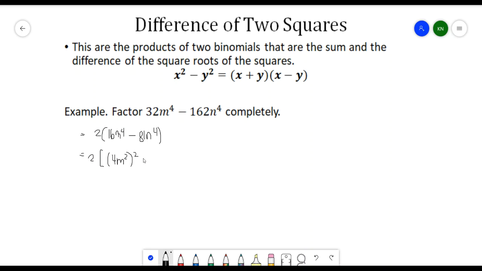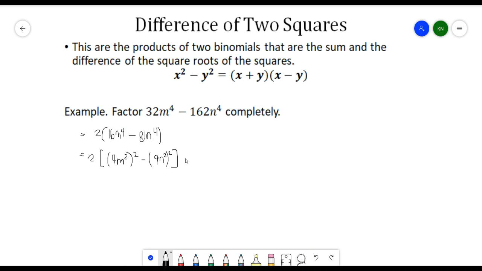The same process for our second term: the square root of 81 is 9, then n squared. Afterwards, this conforms with the format. 4m squared is our x and 9n squared is our y.